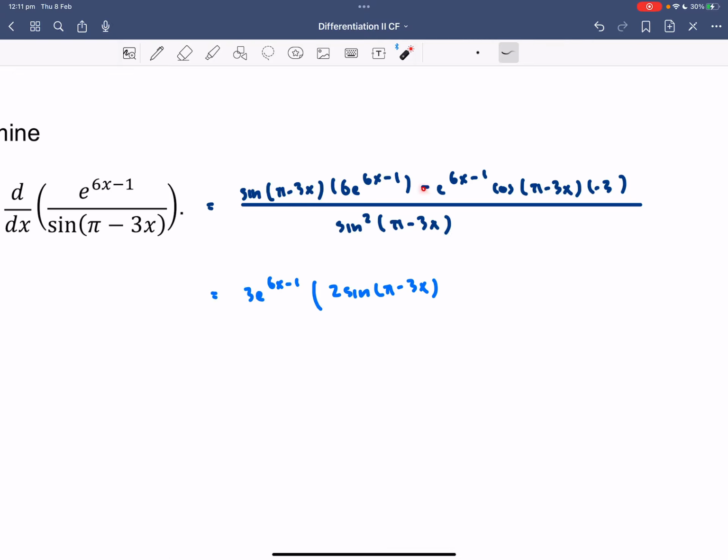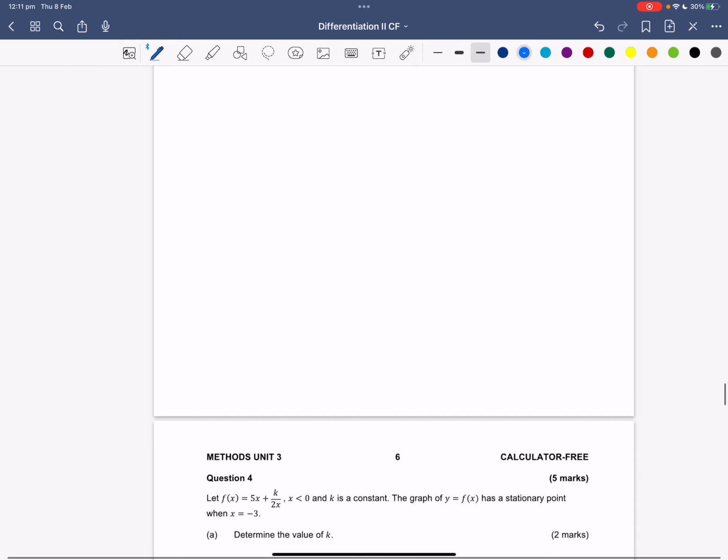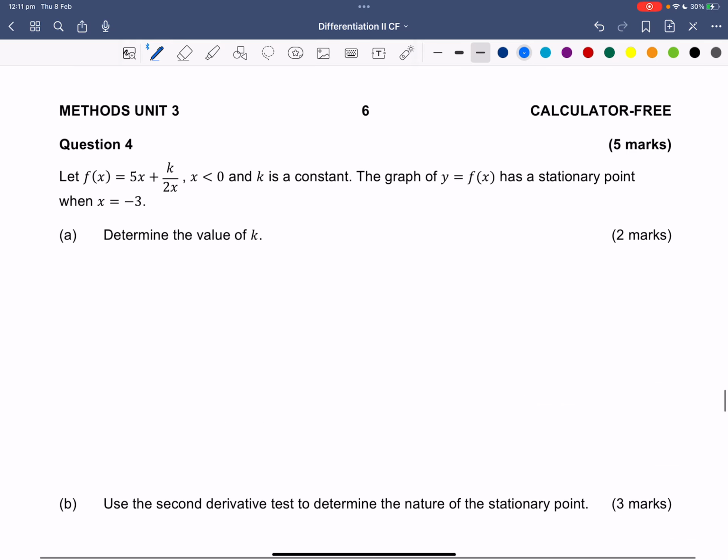And then plus, because this is minus, so we're actually left with plus cos pi take 3x. Perfect. So if you were asked to simplify, it is possible somewhat. And then all divided by the denominator squared, which we already have. That can't be simplified anymore. Cool. That's that. Next question.